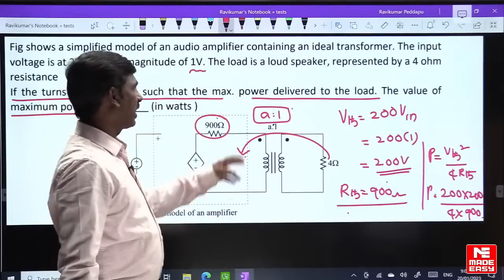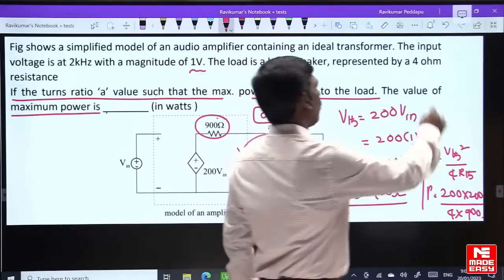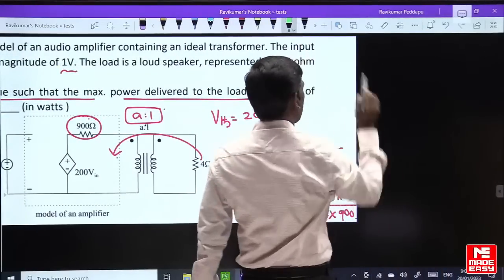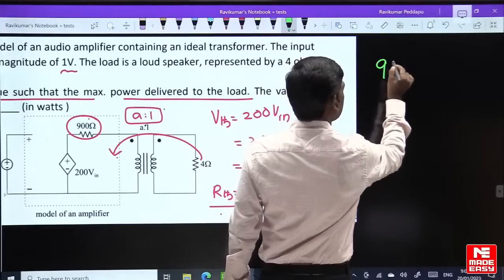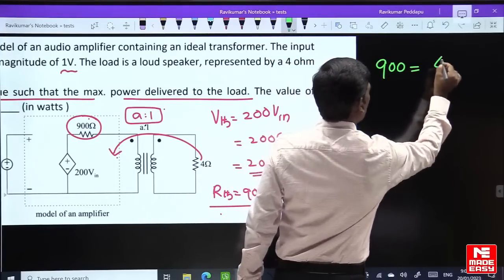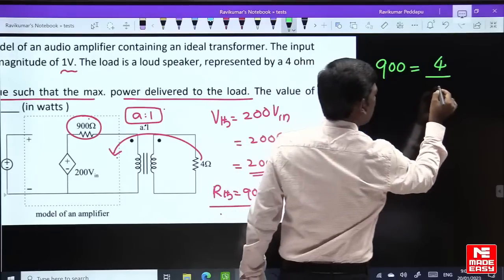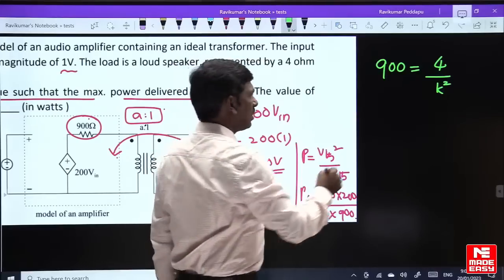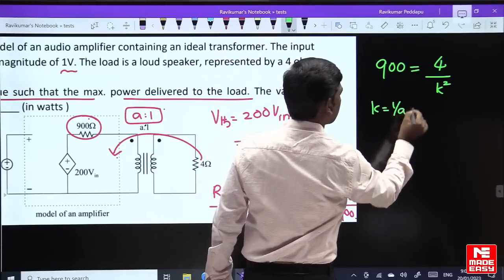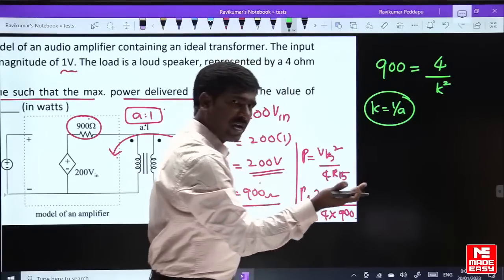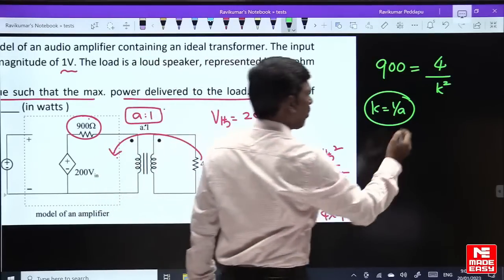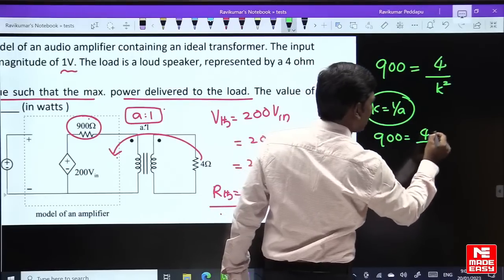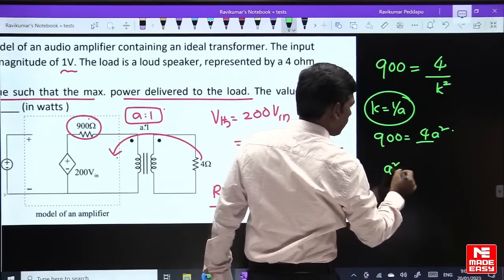Suppose you want to find the A value, what can you do? If asked for the A value, 900 is equal to 4 by K square, where K is equal to 1 by A. Whenever you divide second to primary, 4 by K square, 900 is equal to 4 by 1 by A square, so A square is equal to 900 by 4.